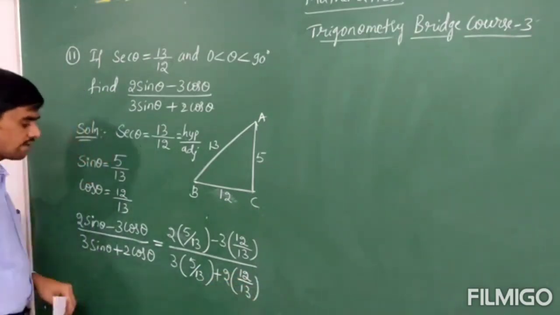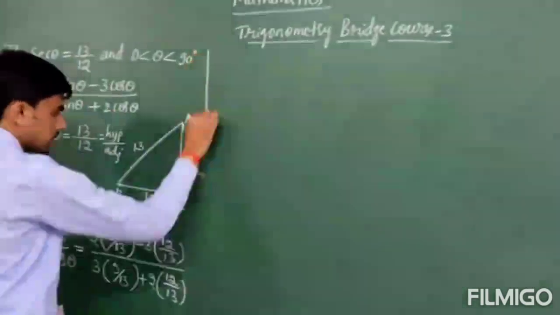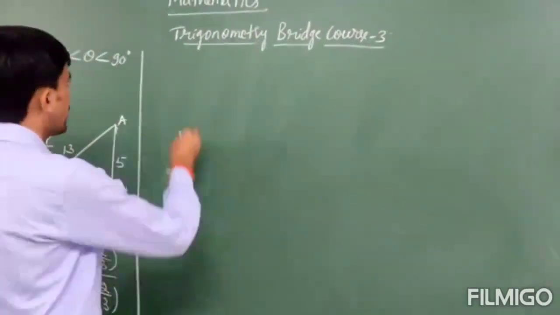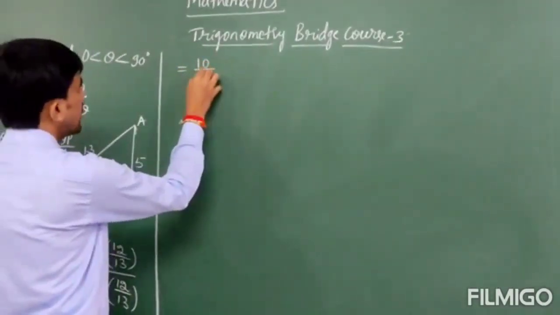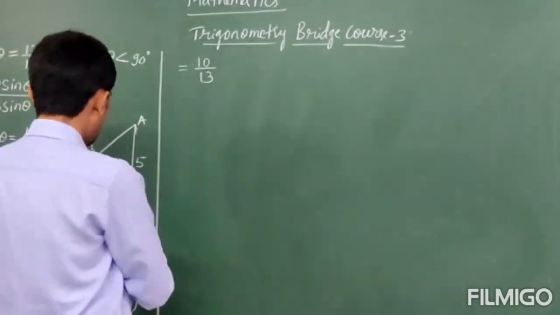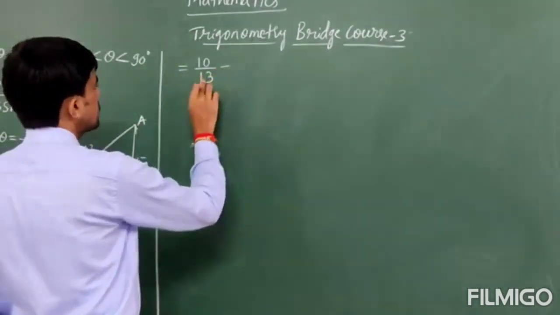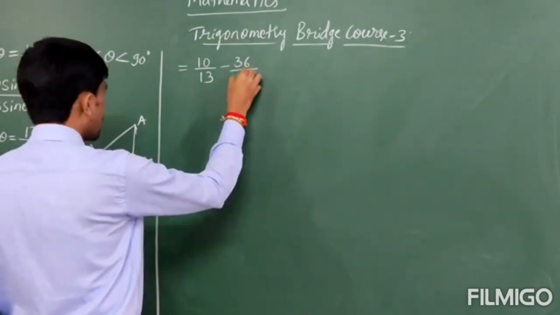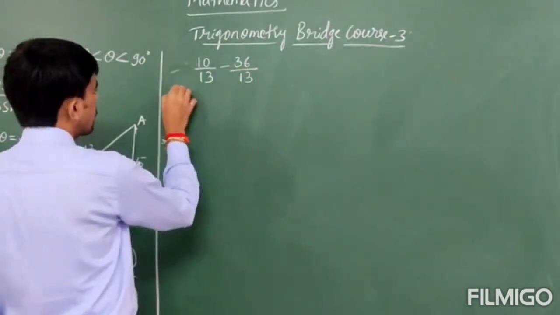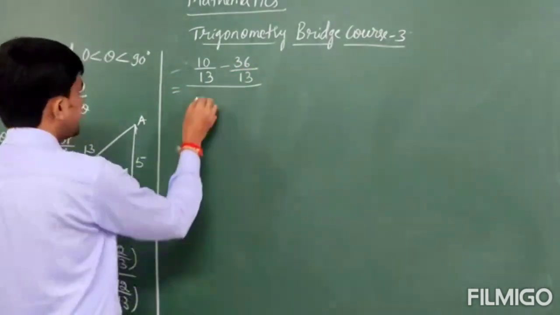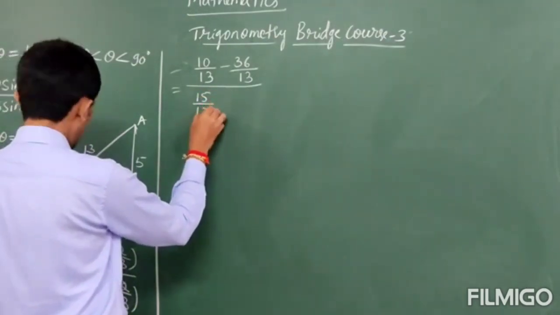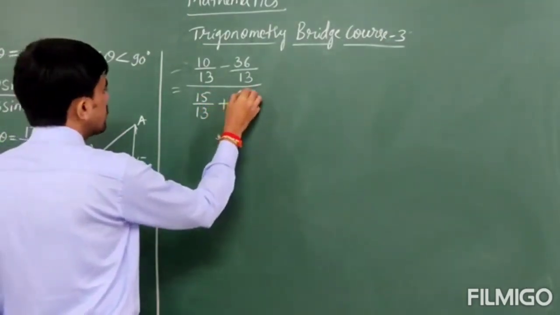Next we simplify: 2 into 5 is 10 by 13 minus 3 into 12 is 36 by 13, divided by 15 by 13 plus 24 by 13.